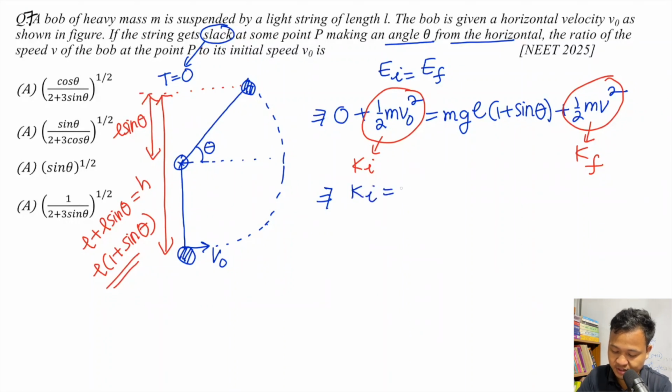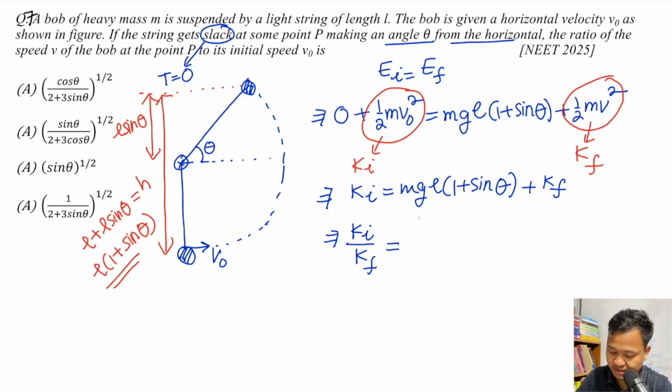So KE initial equals m g L into 1 plus sine theta, plus K final. Here you divide by K final on both sides. So I will have K initial divided by K final equals m g L into 1 plus sine theta, divided by K final, plus 1. This is equation number 1.